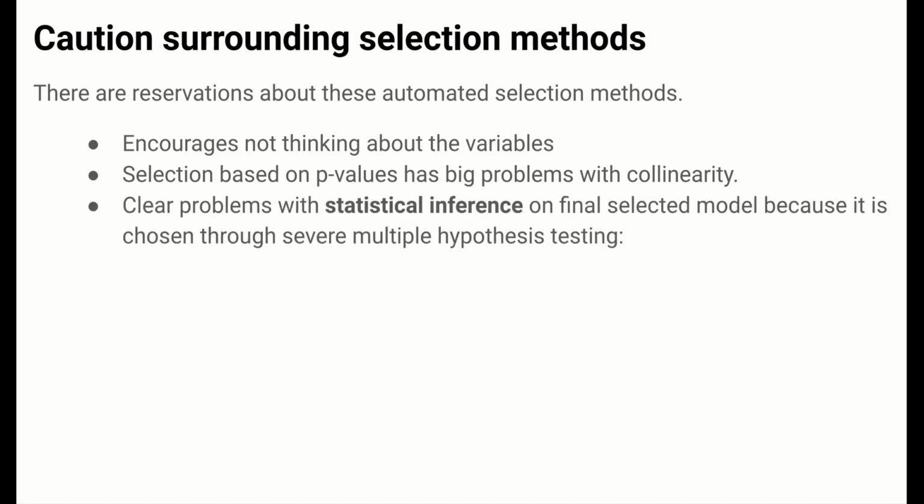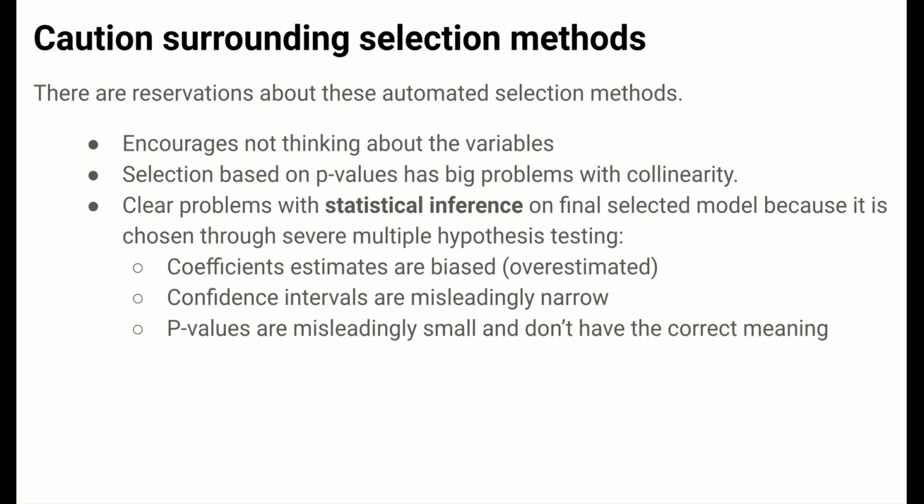There are also clear problems that have been demonstrated with statistical inference on the final selected model from these automated procedures. Because we come to select a final model by trying a large number of models, multiple hypothesis testing is a big issue. With multiple testing, the idea is that testing many hypotheses runs the risk of a result being statistically significant just by chance.